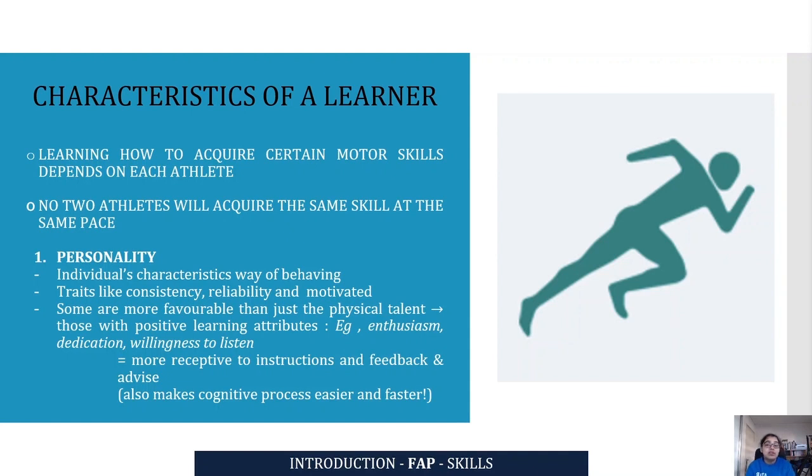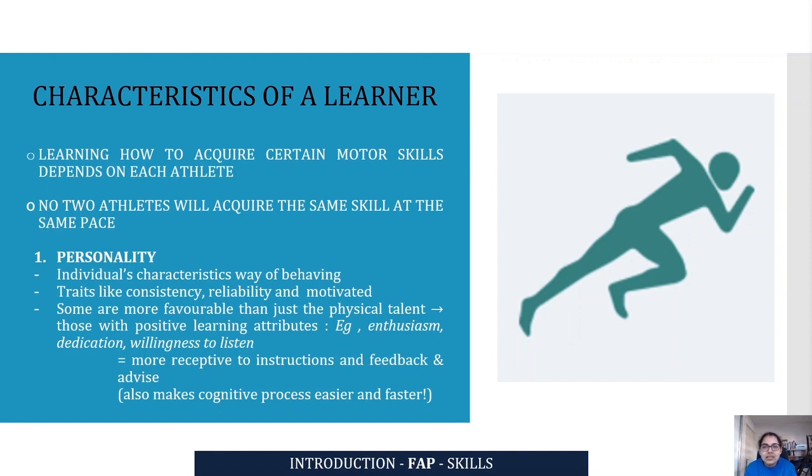So everyone learns differently. Now, what are the characteristics that contribute to a learner being able to learn a skill? Firstly, personality. So an individual's characteristic, that's essentially an individual's way of behaving.